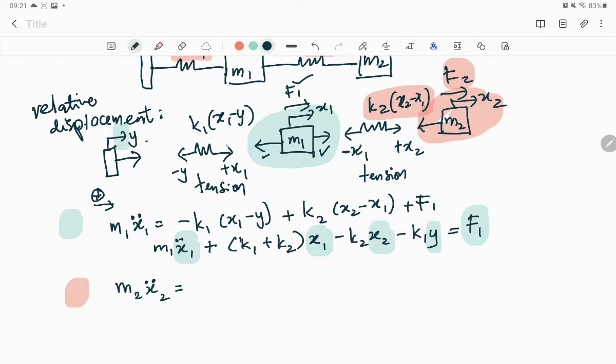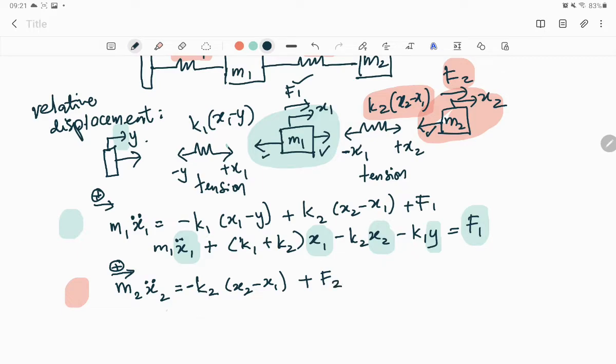Let us write for the second mass: M2 X double dot 2 equals the summation of forces. Same, going to the right is positive. K2 is in this direction, which is negative, so you have negative K2 (X2 minus X1), and then your F2 is positive.